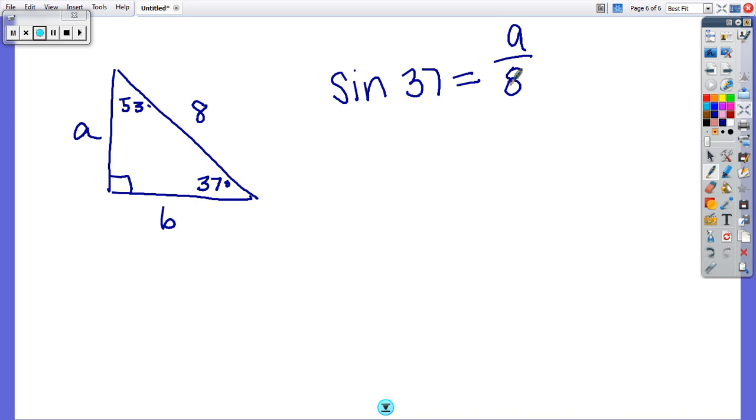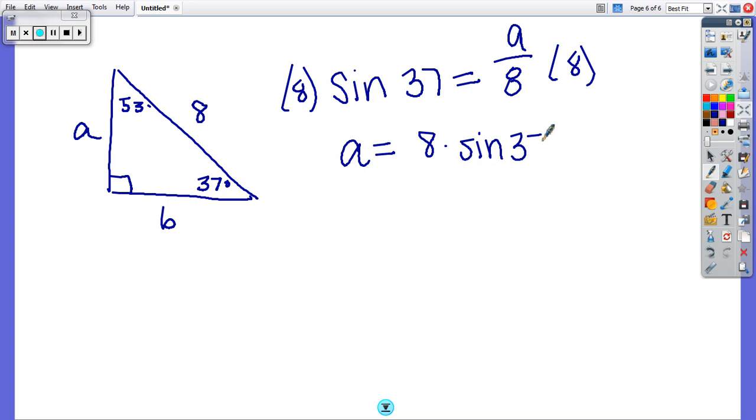I can easily solve for A by multiplying both sides by 8. So now I can say that A is equal to 8 times the sine of 37. You should get approximately 4.8. Now you can do the same thing with cosine.